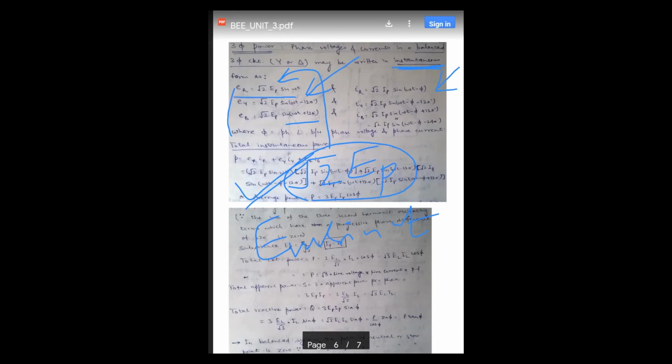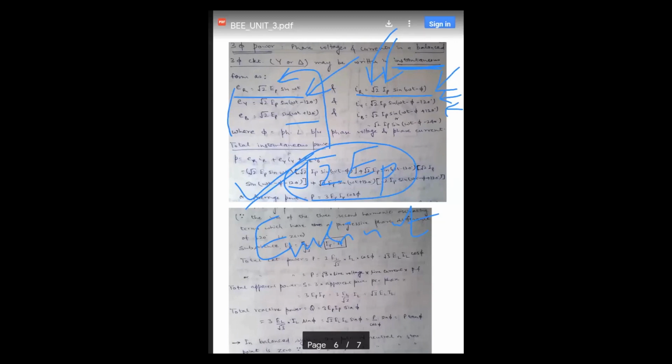This is the phase voltage or EMF, and this is the phase current. In single phase we studied Em sin omega t and Im sin omega t minus phi. Same is here. This is Im sin omega t minus phi, where the phase value is RMS, so we have multiplied by root 2. Similarly, these are the equations for Y phase and B phase current.